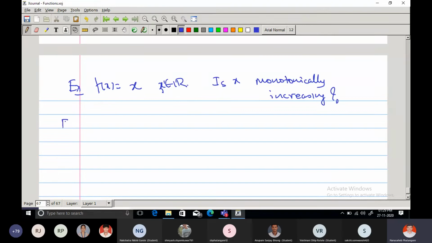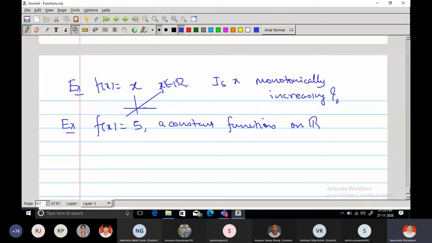What is your answer? Yes. If you look at the graph of f of x equal to x, this is the graph, and you observe that if x goes up, the values are increasing.